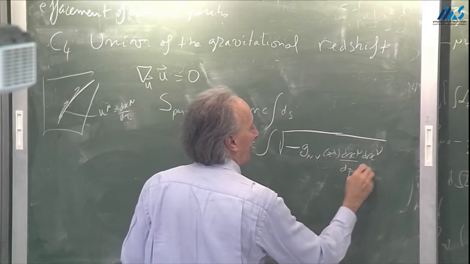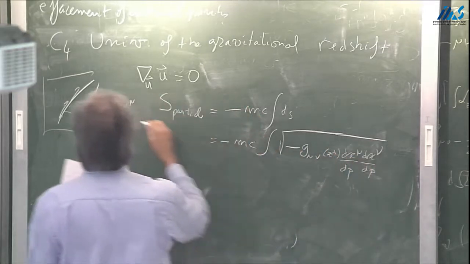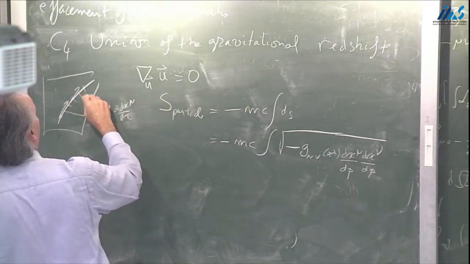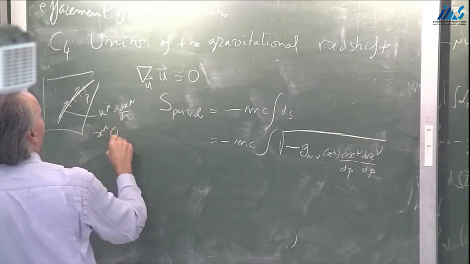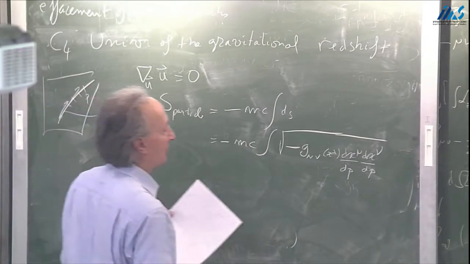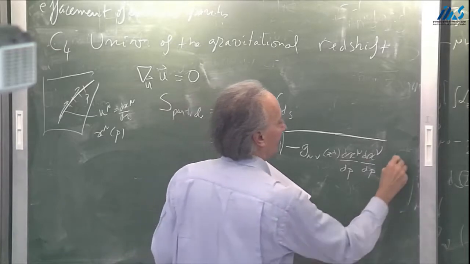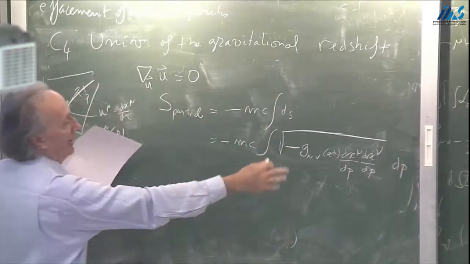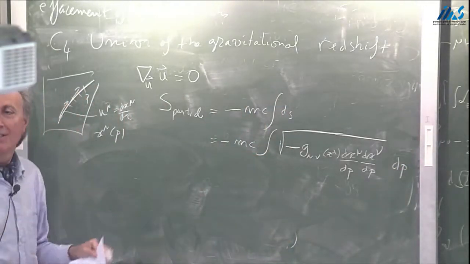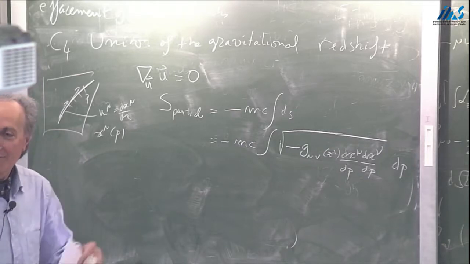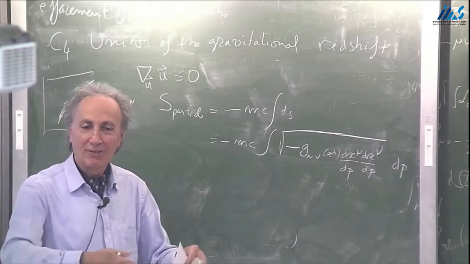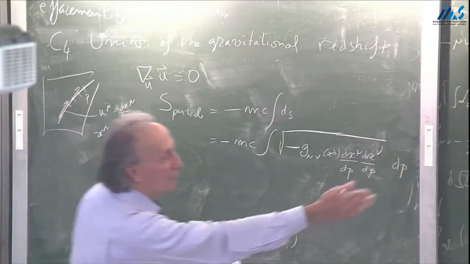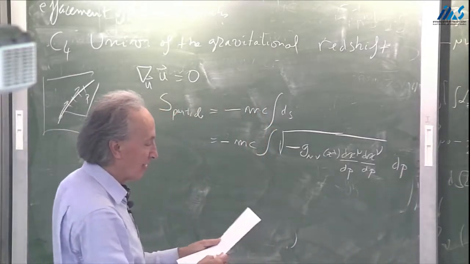I can take any parameter p along this worldline. I take a worldline, I take a parameter p, so x^μ is a function of p. Here τ was the proper time. Now if you take this action and vary it, using the Euler-Lagrange derivative, although Jacob does not like that, you will get this equation.